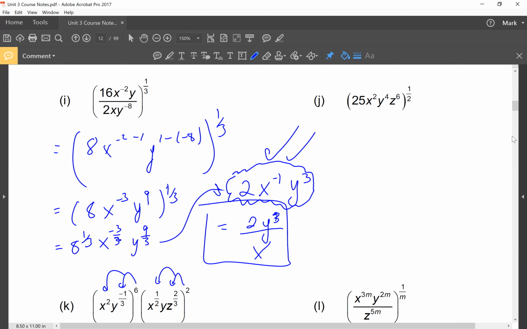Okay. So let's look at letter J. Now, I thought J was a hard one, but J looks to be pretty easy. What I'm going to do for J is I'm going to write everything to the power of 1/2. So I'm dividing everything by 2.